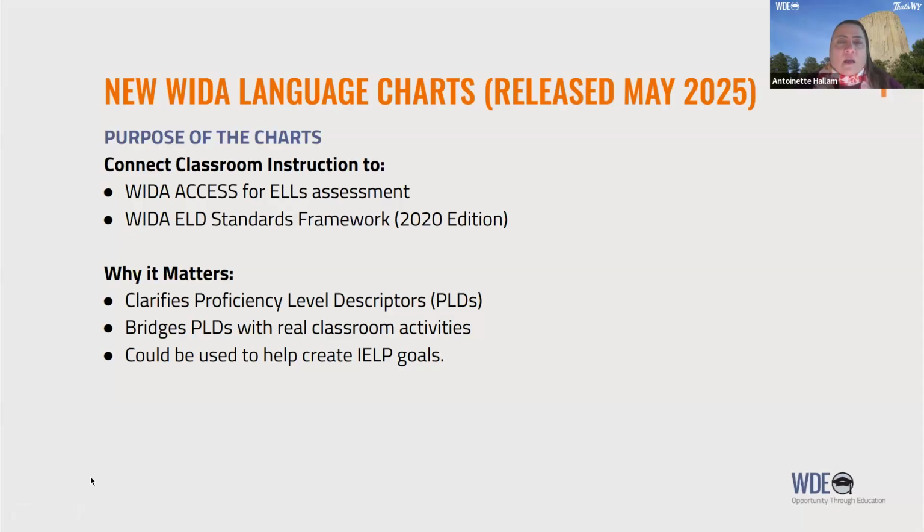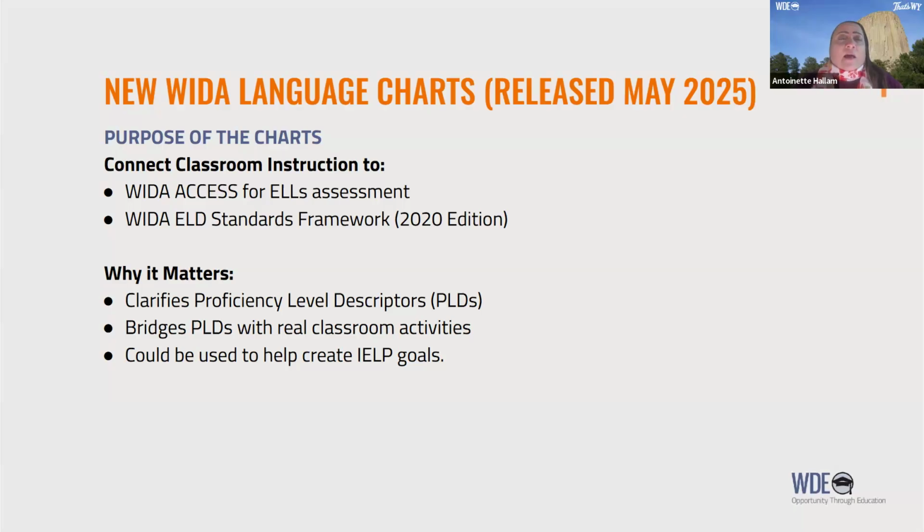The charts are a brand new resource that also can help educators understand and communicate the expectations of the revised Access assessment. And the purpose of these charts, again, is to make connection between classroom instruction, the WIDA Access Assessment, and the WIDA ELD Standards Framework 2020 edition.